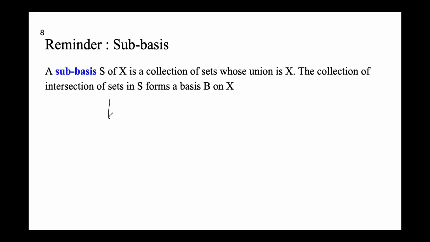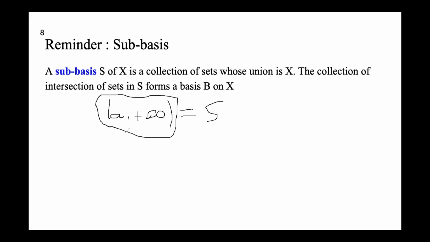So we want to prove that the topology generated by the open rays is equal to S, right? We already have that this is an open ray, which means it is an open set, as we just said.